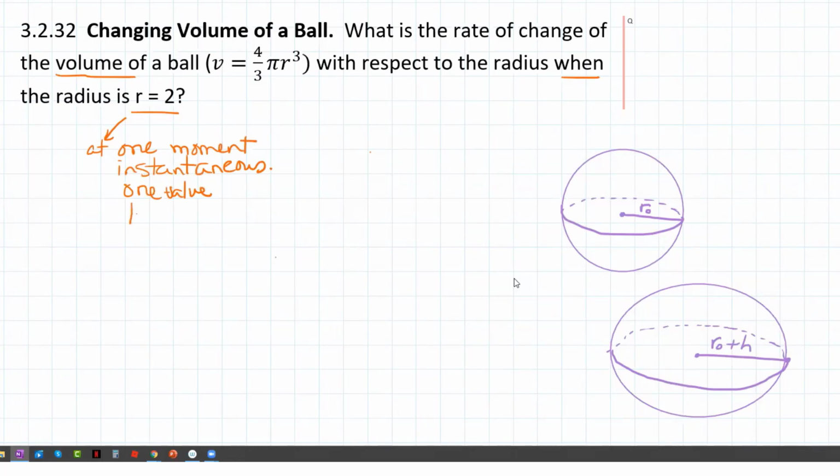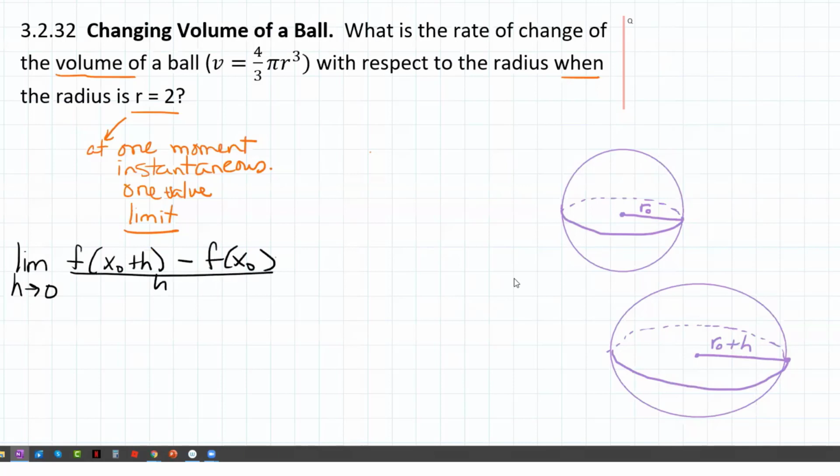So that tells you that you're taking not just the difference quotient, which is a slope formula, but the limit of the difference quotient. The limit of the difference quotient, written in terms of f's and x's, was the limit as h approaches 0 of f of x sub 0 plus h minus f of x sub 0 divided by h. We're talking about v's and r's.